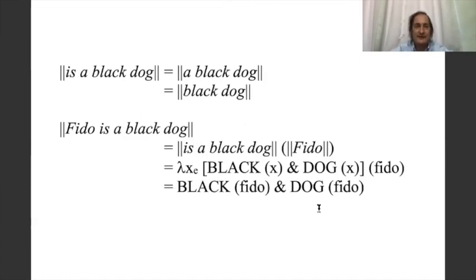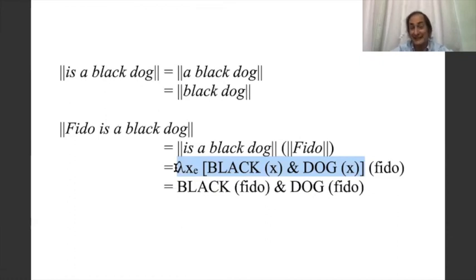The rest of the calculation is the same as it was before. Is a black dog is going to be translated as the same thing as a black dog, which translates as the same thing as black dog. And so Fido is a black dog takes, oh, and I made a change that I didn't mean to. It takes the meaning of is a black dog, which is this, although I had Z and now I've changed that to X. I'm sorry.